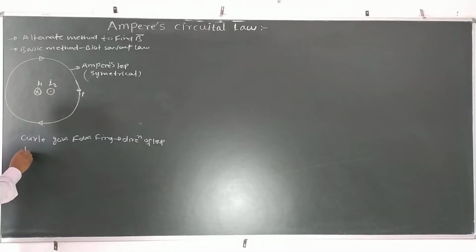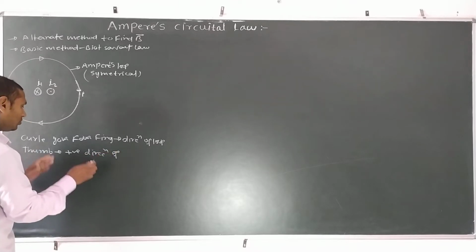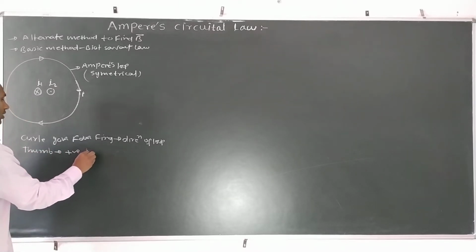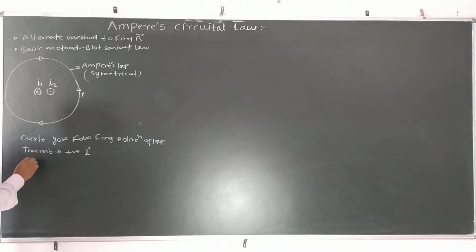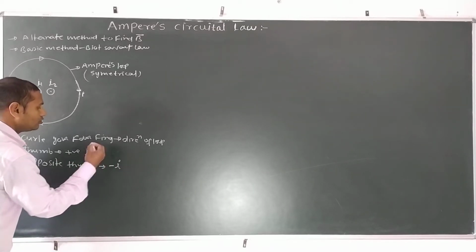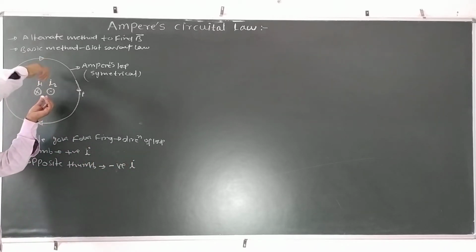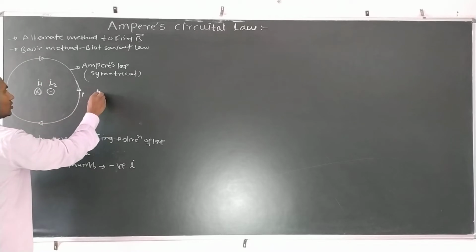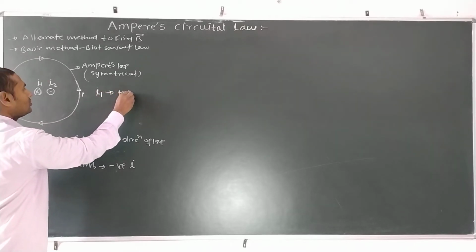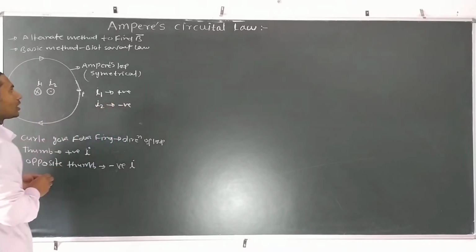Then your thumb will give the positive direction of I, and the opposite of the thumb will give the negative value of I. So here, if we curl our four fingers, you see that I1 is positive, and definitely I2 becomes negative.